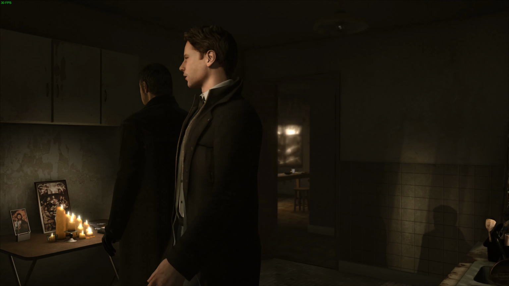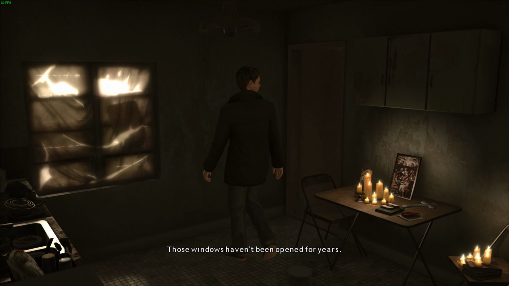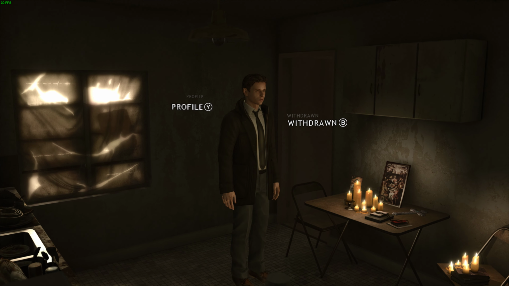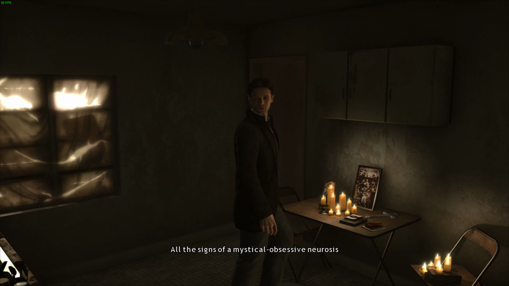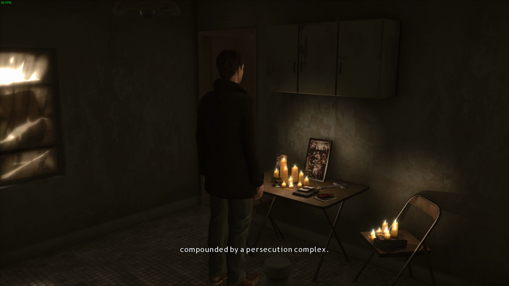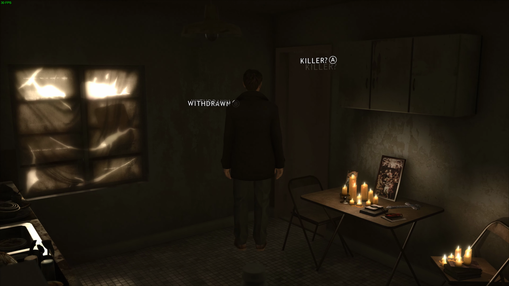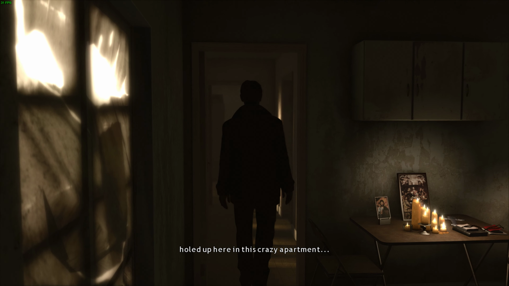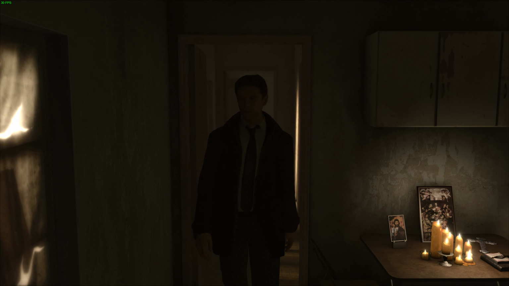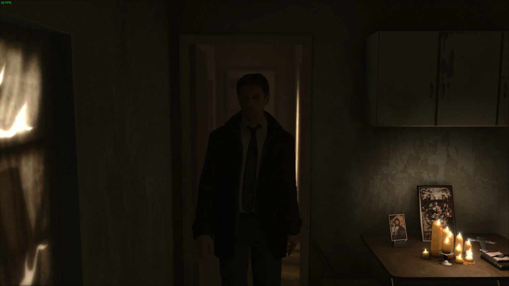It's stifling in here. Those windows haven't been opened in years. All the signs of a mystical obsessive neurosis compounded by a persecution complex. The guy's taking a break from reality, holed up here in this crazy apartment. You don't have to be a profiler to see he's not a killer. We're wasting our time here.